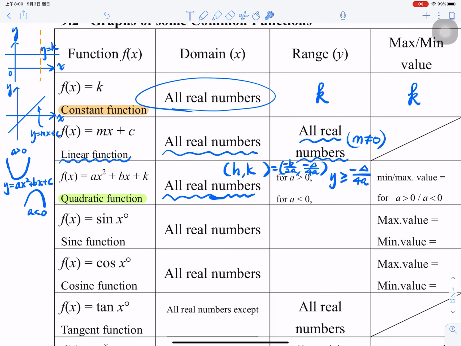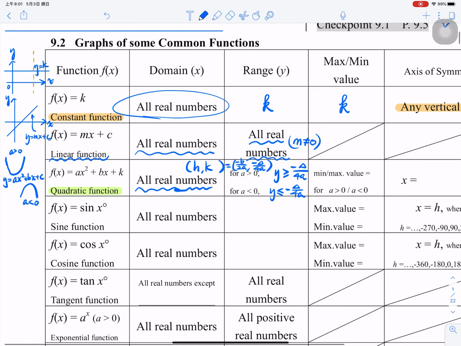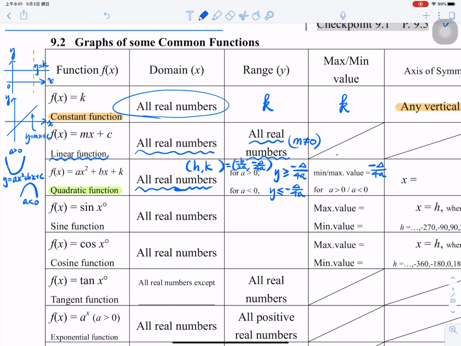However, for a smaller than 0, y is smaller than or equal to negative delta over 4a, because the maximum or minimum value is negative delta over 4a, which you may also write as (4ac minus b squared) over 4a.